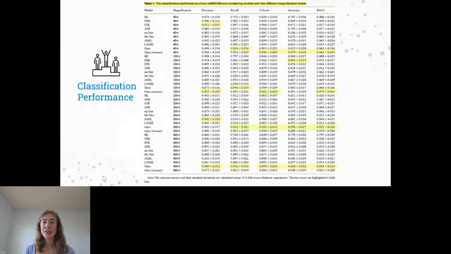In particular, as you can see, our exact PDMI-SVM outperforms the other models based on recall. And our high recall rate is critical in the medical domain, as false negatives may result in serious consequences. These results show the clinical utility of our model, as it is crucial not to miss a malignant tumor in the diagnosis.